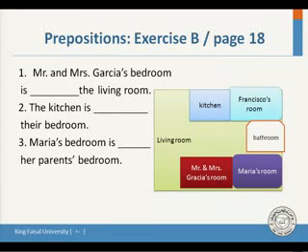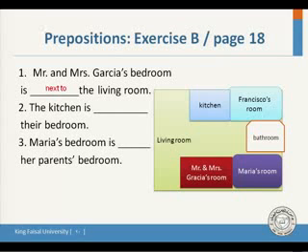Okay, now we have 3 sentences here about this picture or this diagram. Sentence number 1. Mr. and Mrs. Garcia's bedroom is blank the living room. Where is it? It's next to.